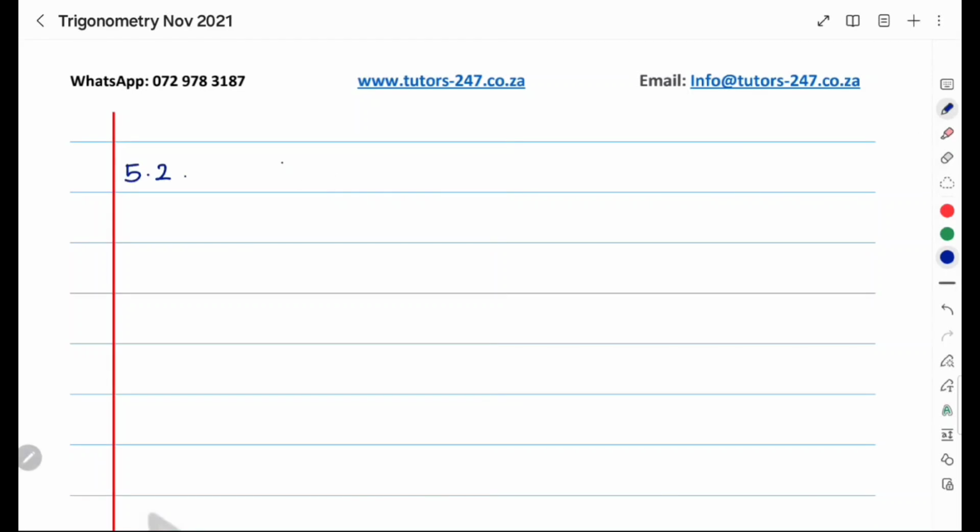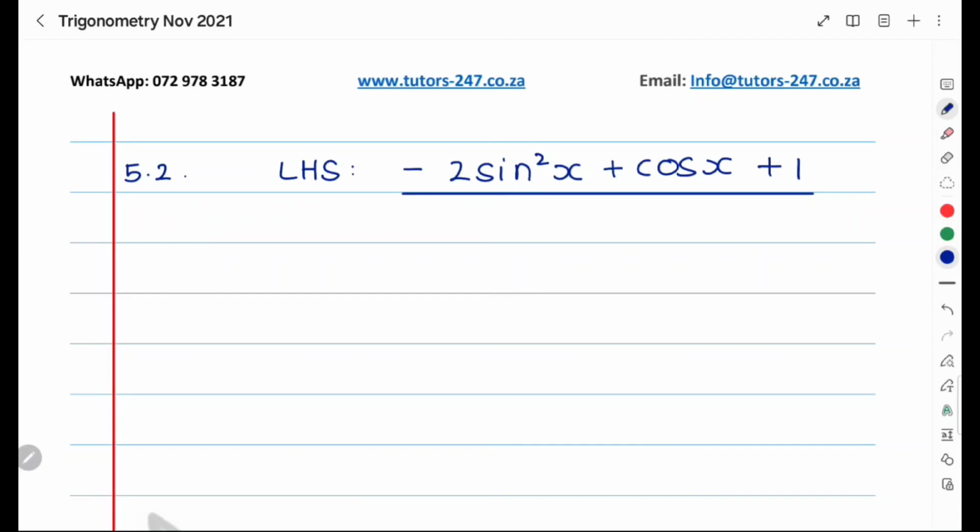So question 5.2, the left-hand side is negative 2 sine squared x plus cos x plus 1 all over 1 minus cos of 540 minus x.